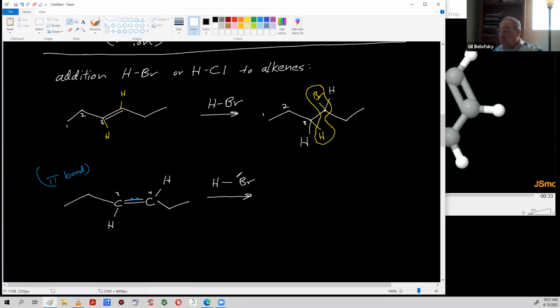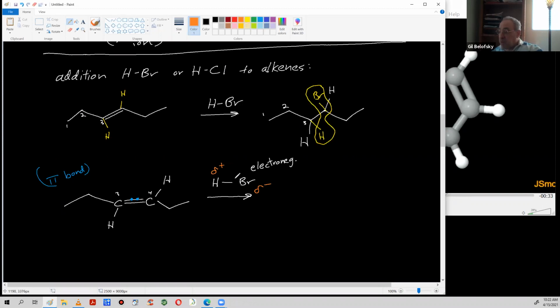And that's what you have with a molecule like HBr or HCl up here. We know about electronegativity. The bromine is electronegative, and we can indicate polarity using the Greek letter delta. So delta plus, delta minus, delta plus.